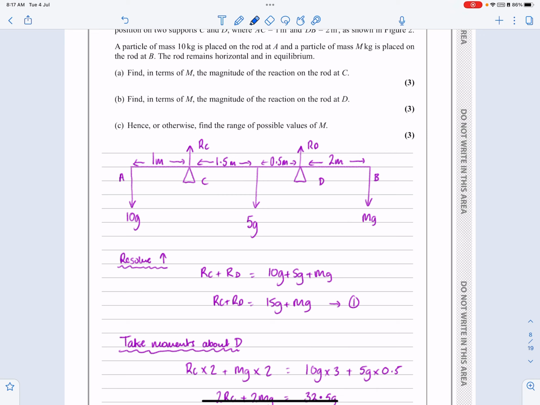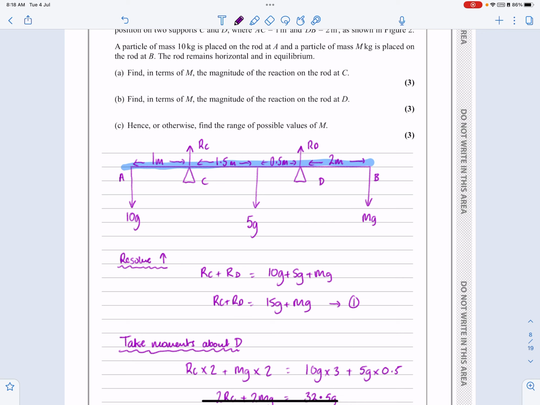I could have RD working out to be equal to naught, in which case this whole thing here would be pivoting about this point, RC. It would just start to move, or I could have a situation where this whole thing was just going to start trying to move about the point RD.